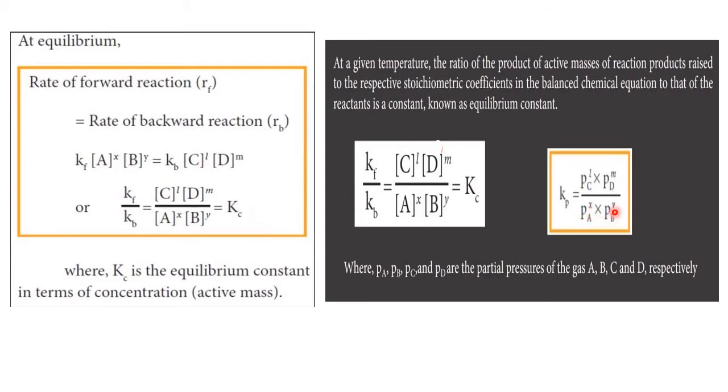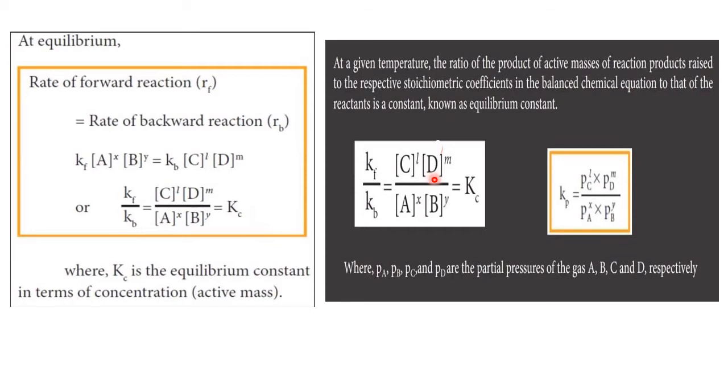Whenever you are writing this, you always make a mistake. In between C and D, instead of multiplication, most of you will write a plus sign. I don't know why you write that. Many students are used to writing plus, but a positive sign will not come.